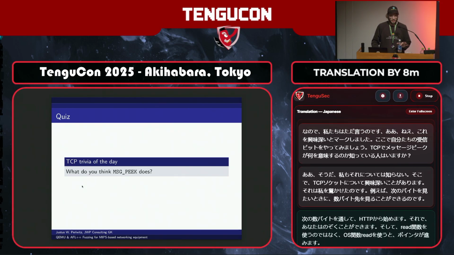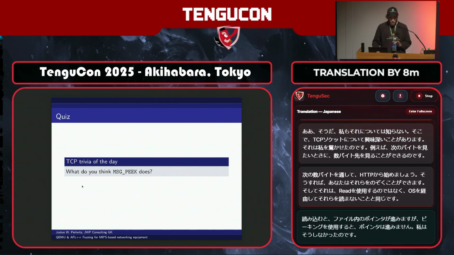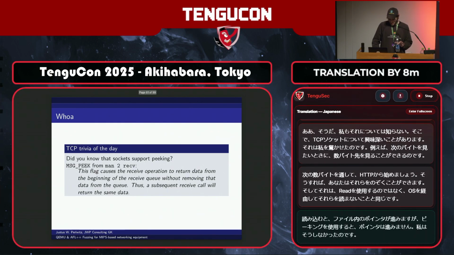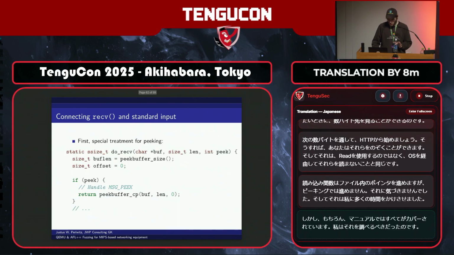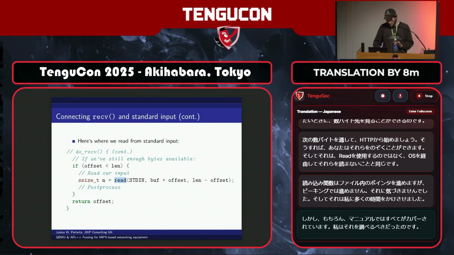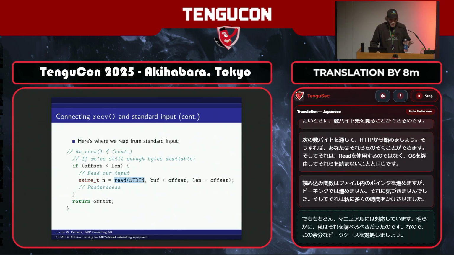I didn't know that, and it cost me a lot of time. But of course, the manual has you covered. I should have just looked it up, obviously. So we handle this extra peek case, and finally, now we're reading from standard in.